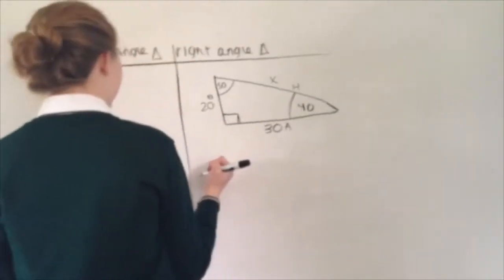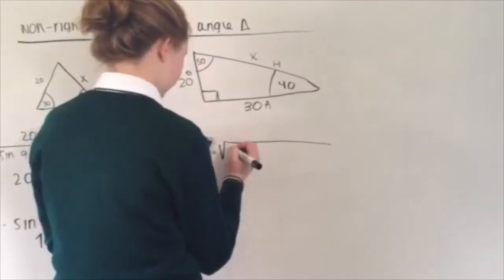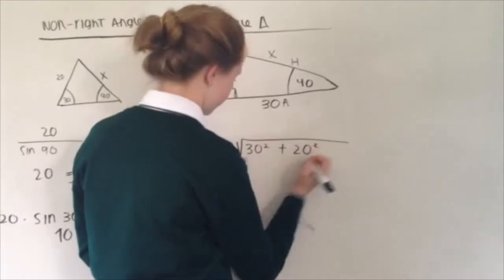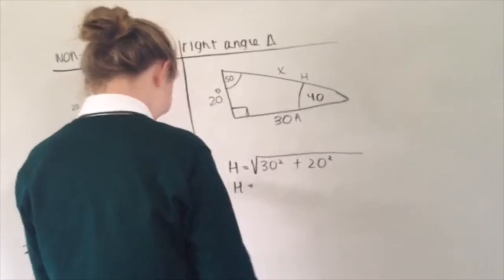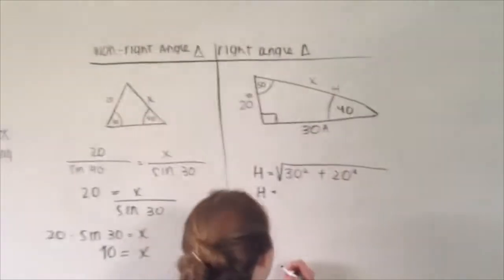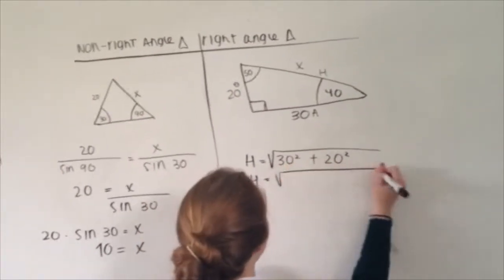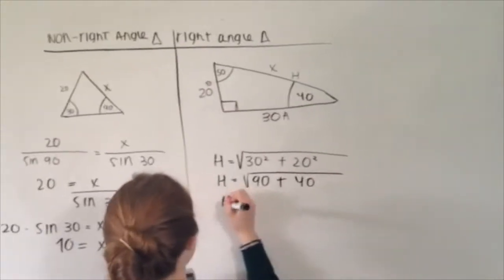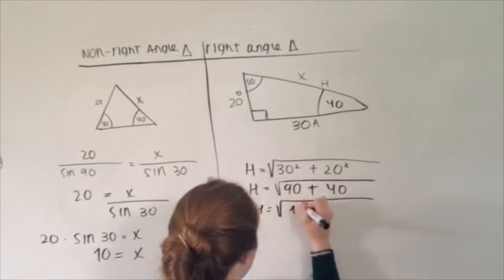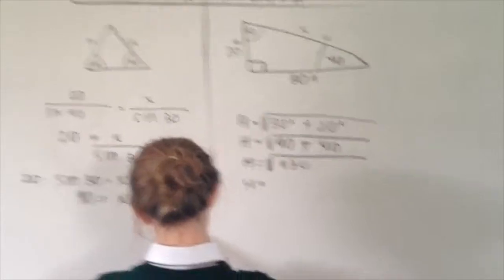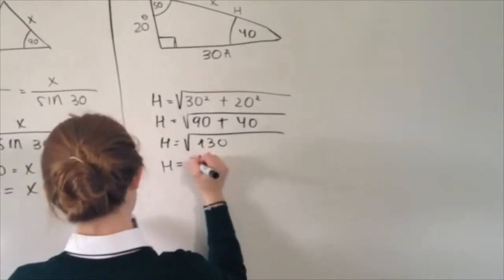What you have to do is square root of A squared plus O squared, which is square root of 30 squared plus 20 squared, which means the square root of 900 plus 400. This results in the square root of 1300. And the square root of 1300 is 36.05.